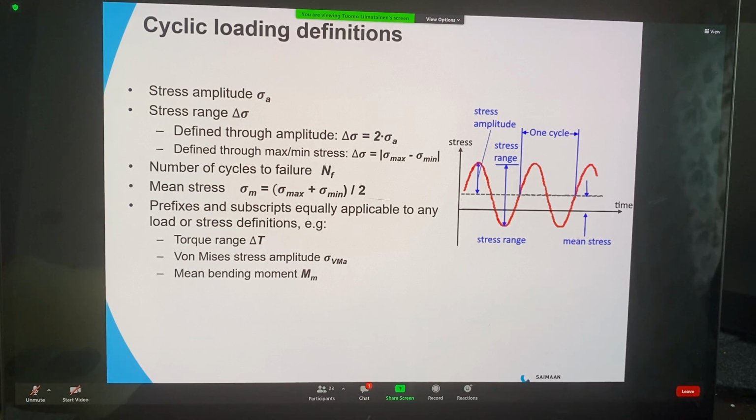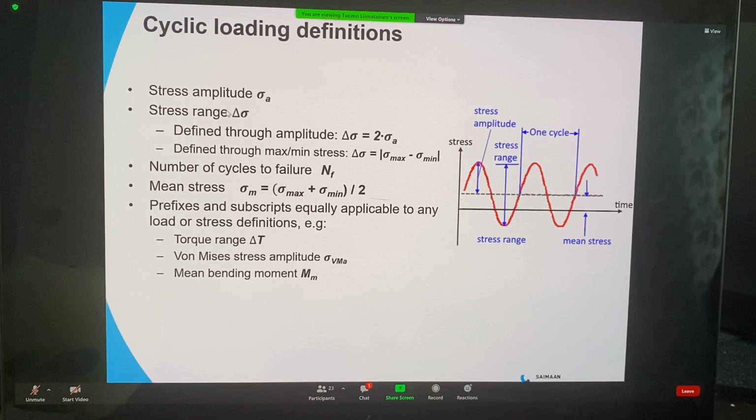Then some key definitions and characteristics in cyclic loading. The most important ones are the first two: stress amplitude and stress range. Amplitude is fairly easy to understand when we look at the picture. Amplitude is the deviation from the mean value, so either to the top of the load or to the lowest valley of the load.